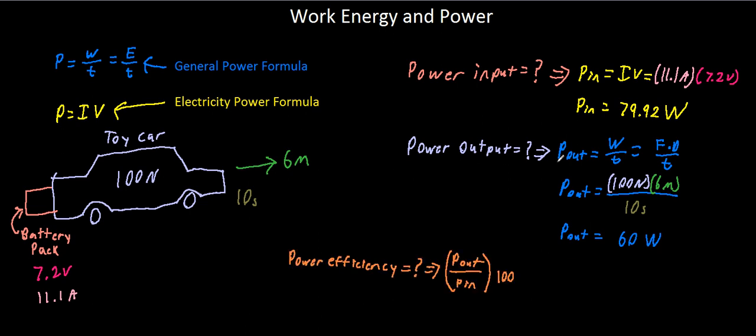This is pretty easy to solve. We just rewrite the equation, and we put our output on top, which was 60 watts, and on the bottom we put our input, which is 79.92 watts.